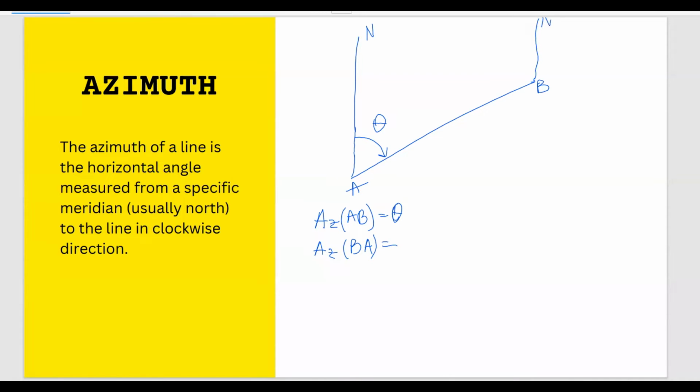It's a little bit crooked, but that's fine. You pretend this is a straight line. Okay, this is the north meridian. And the definition says that the azimuth is the angle measured clockwise. So we have to go in this direction. So there you go. This is the azimuth of line BA.